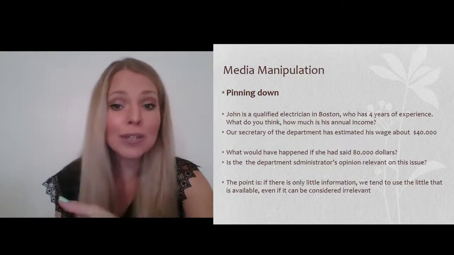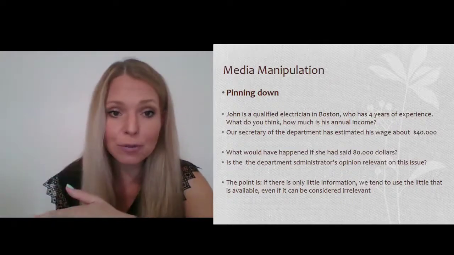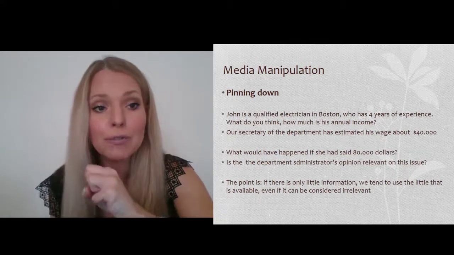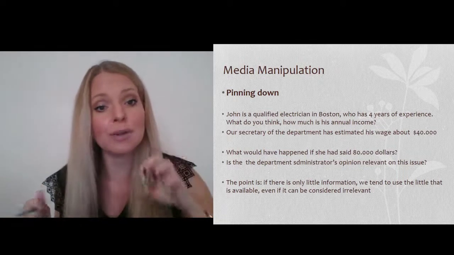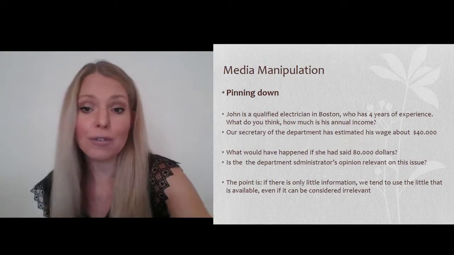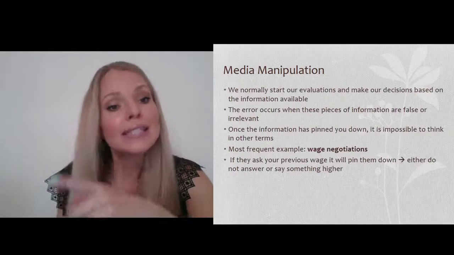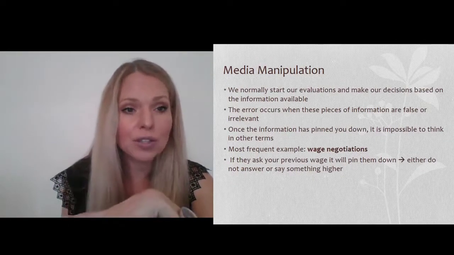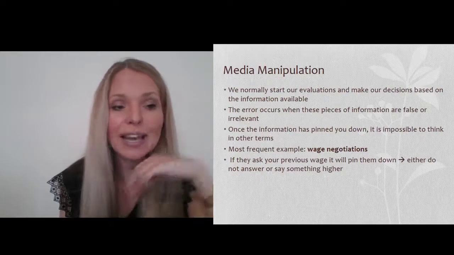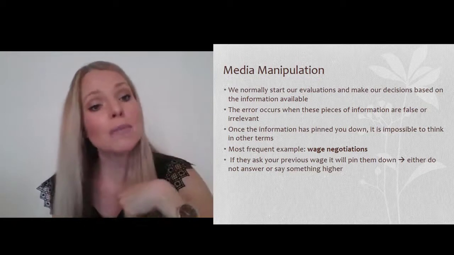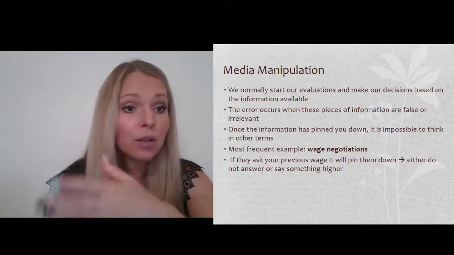Okay, so the point is, if we only have little information and we don't have background knowledge, we tend to use the little information available, hold on to it as much as possible, even if it could be considered completely irrelevant. Same with wage negotiations. Sometimes, not ethically, they ask your previous wages, right?